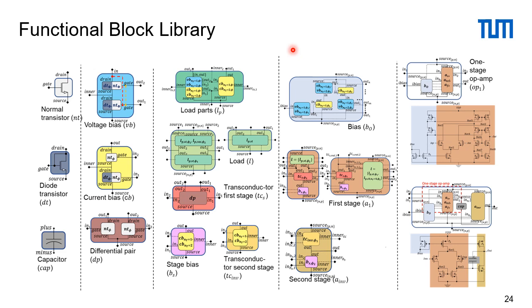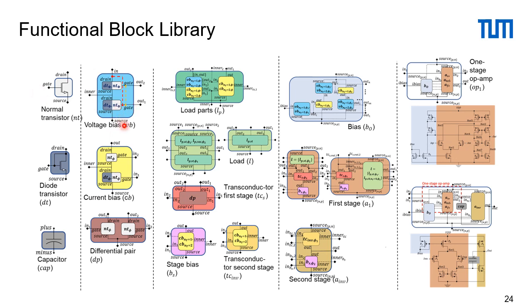So here is an example. It's a functional block library for a very simple one-stage op-amp. It's just one way of doing that. The colors show how one block from one hierarchical level is used within another hierarchical level. So here it starts with capacitor, diode transistor, normal transistor. And then here we have the voltage bias from before. It's in blue, so it consists of a diode transistor and a normal transistor.